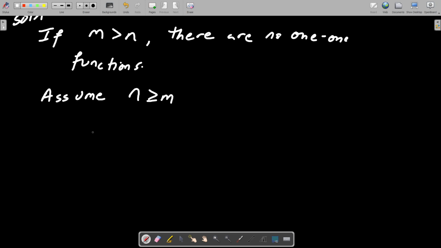The first element in the set has n possibilities.